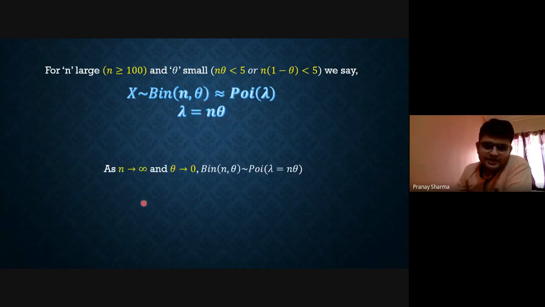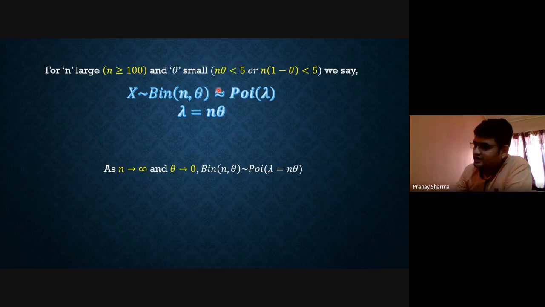Now as n becomes larger and larger, this approximation becomes much more accurate. So as n tends to infinity, theta must also become smaller and smaller. Then the binomial distribution becomes more and more like a Poisson distribution, or you can say this becomes a perfect conversion.